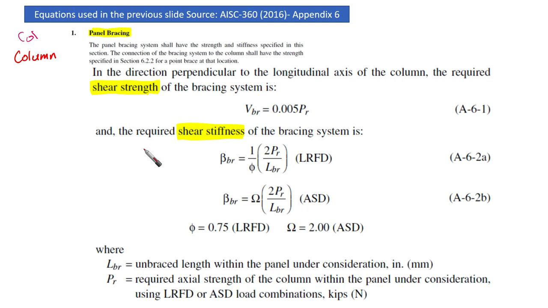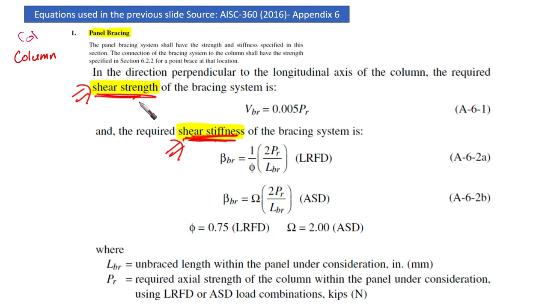And the required shear stiffness of the bracing system. So we have shear strength, and we have shear stiffness. I'm going to explain the difference between shear strength and stiffness by an example next lecture, so do not worry about this.